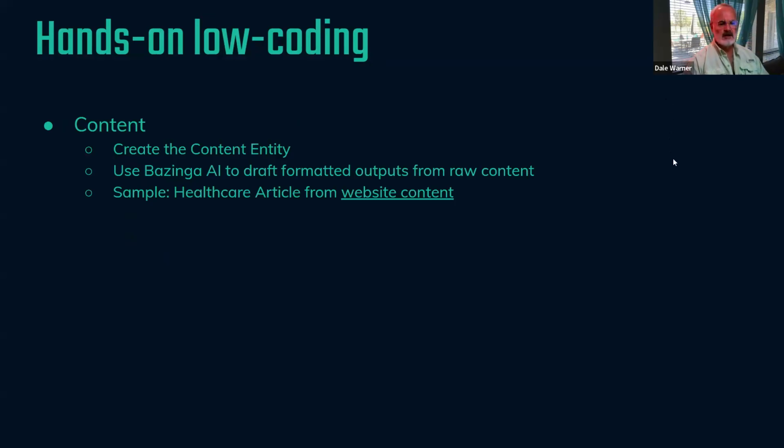The items I've highlighted in Plant an App blue-green are things that we've already done. We spent a lot of time two weeks ago creating the entities, including an entity for content. We also spent some time using our Bazinga AI product to nicely format raw content into a nicely formatted output, and as an example we did a healthcare article.